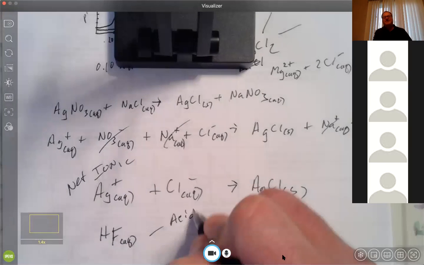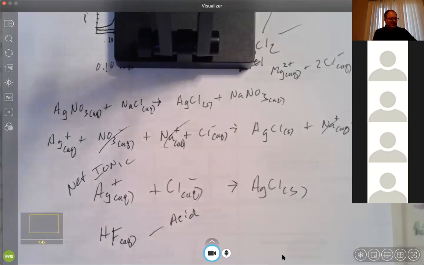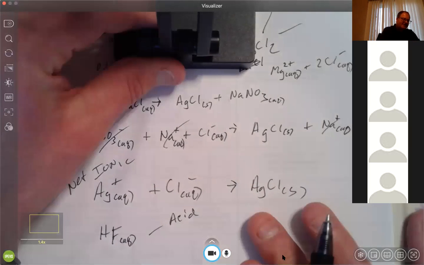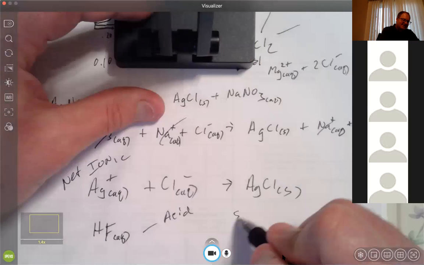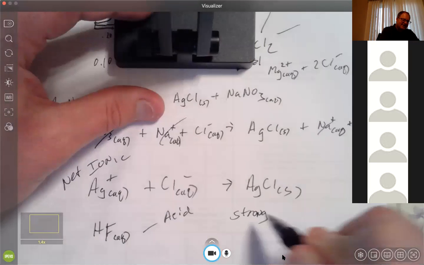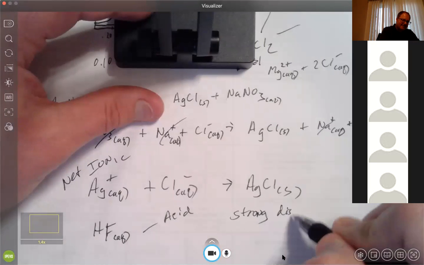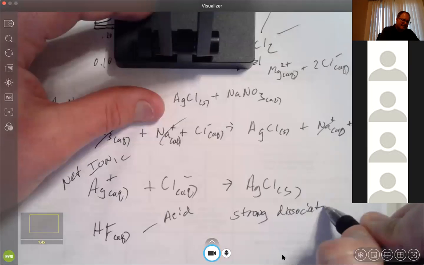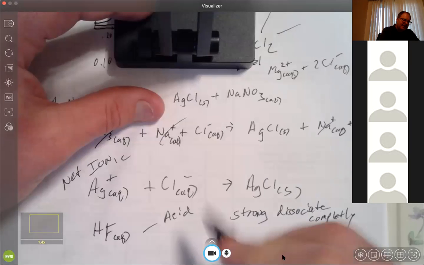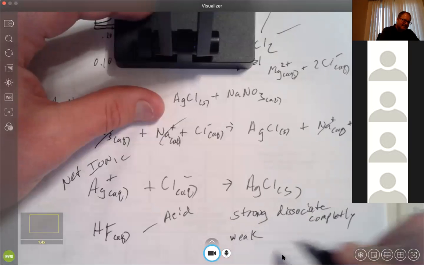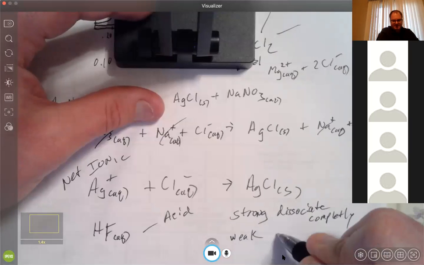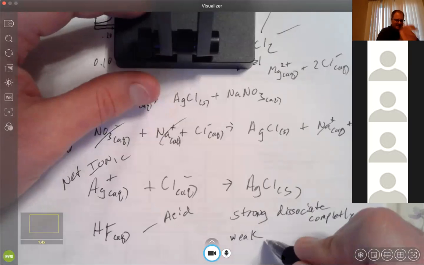Now, we know two types of acids. We know that there are strong acids, which dissociate completely, and we know that there are weak acids which do not dissociate, less than 4%.